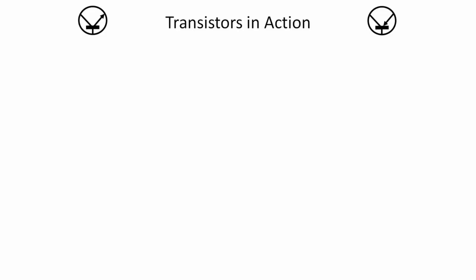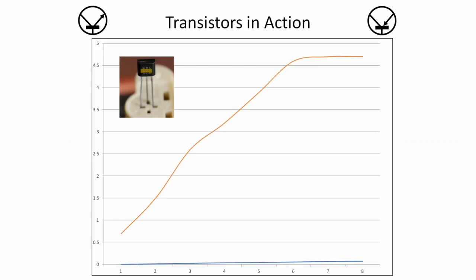Let's have a look at the results then of the measurements I was making as the transistor as a current amplifier. So first of all, the transistor with the yellow mark, and here is a graph. The blue trace along the bottom is the base current, and the brown trace rising rather steeply is the collector current.